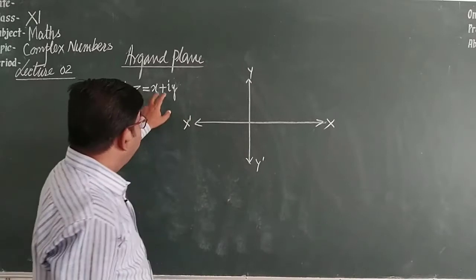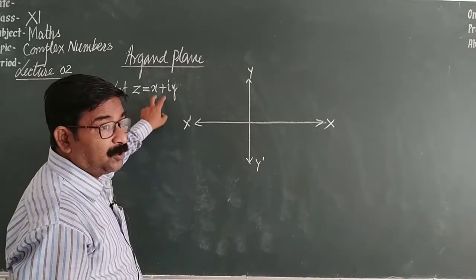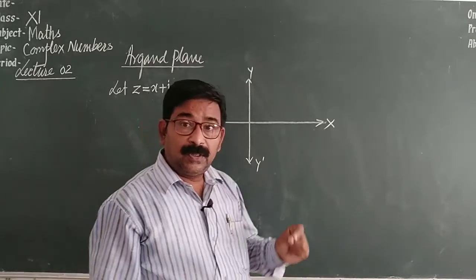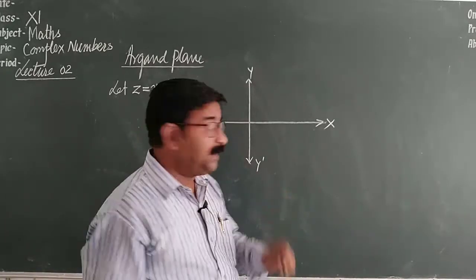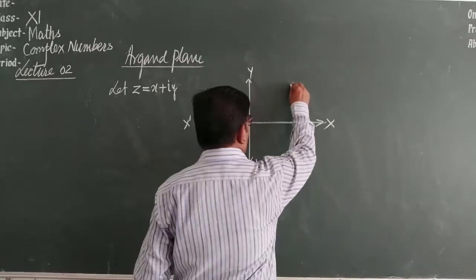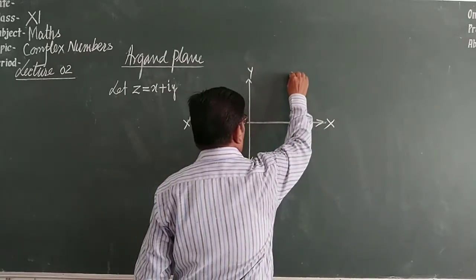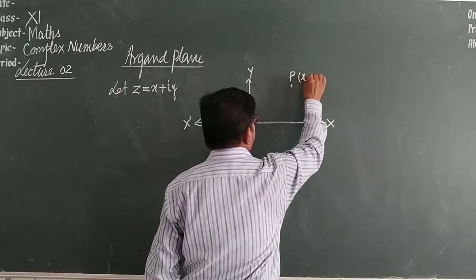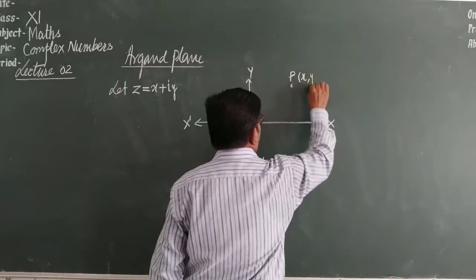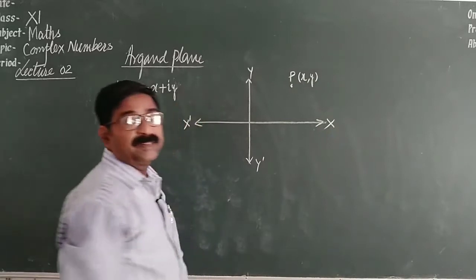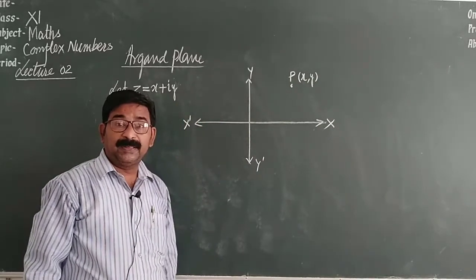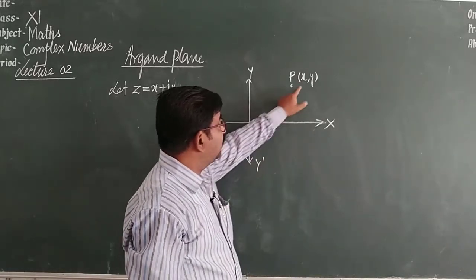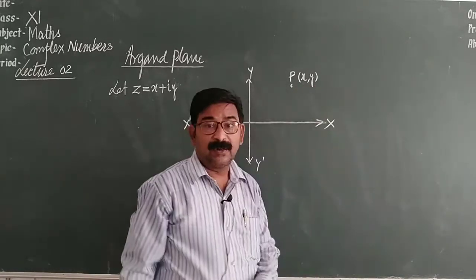So if we represent this complex number, see, if any point is lying in any of the quadrants, suppose this is point P and its coordinate is (x, y). P is a point, which means its abscissa is x and ordinate is y.